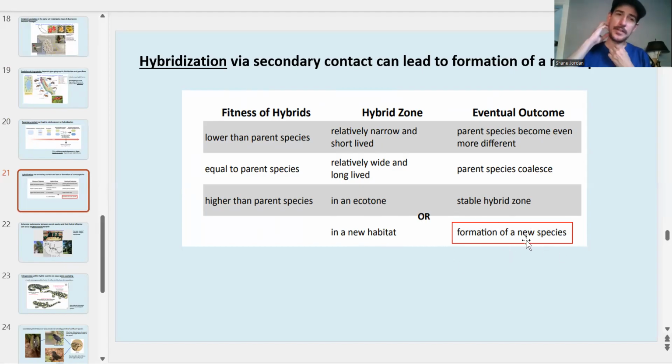And the reason why we think of this as being possible if this happens in a new habitat, I should say, is that maybe the hybrids have certain traits that are better adapted to the new habitat compared to the parent species. And this can really lead to them going off to form a whole new lineage that we could ultimately end up considering a separate species.